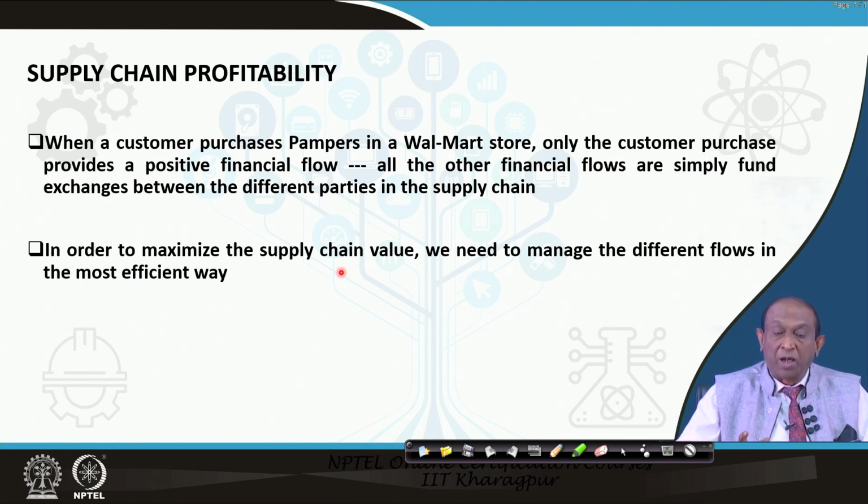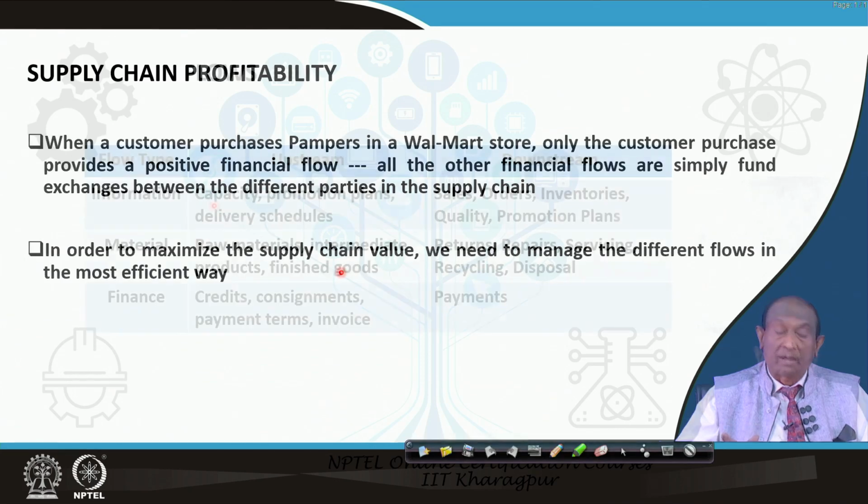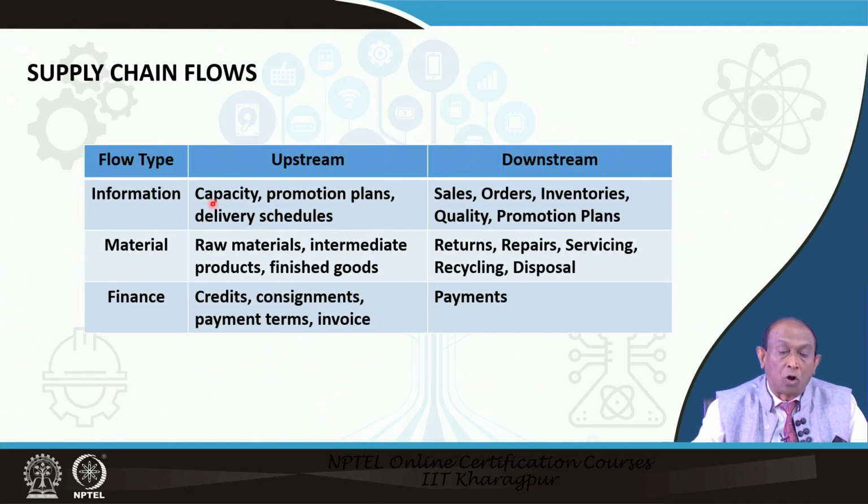In order to maximize the supply chain value, we need to manage these different flows in the most efficient manner. Now, let us talk about supply chain flows. We have already mentioned that there are bidirectional flows of information, material and finance in any supply network.